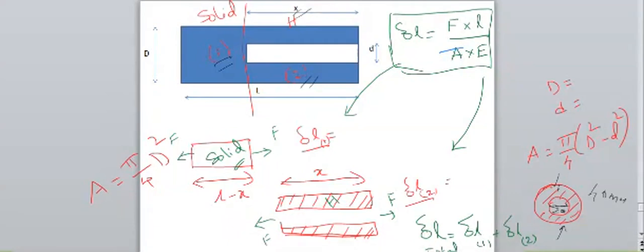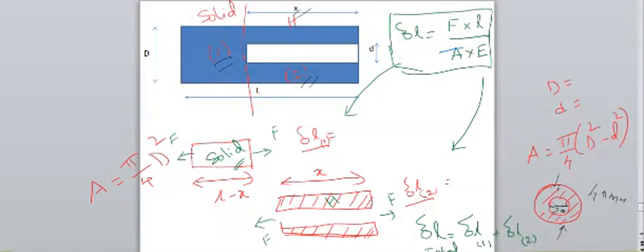So we need to divide the component into two portions: the first portion is solid and the second portion is hollow.